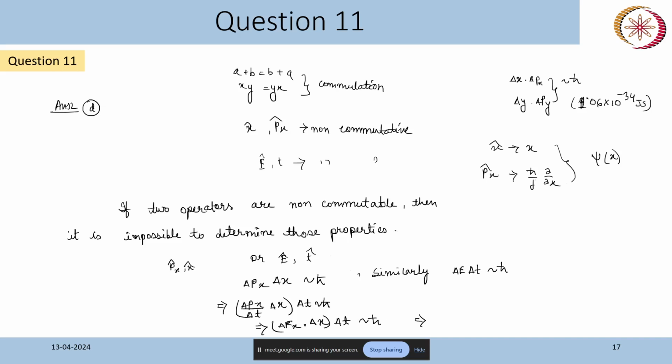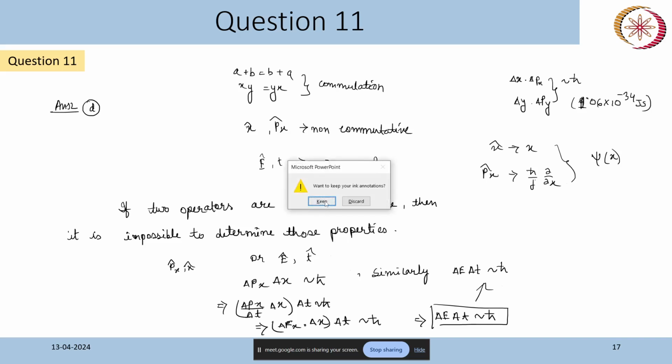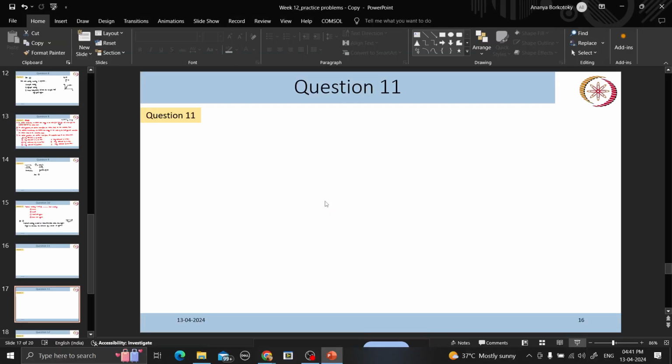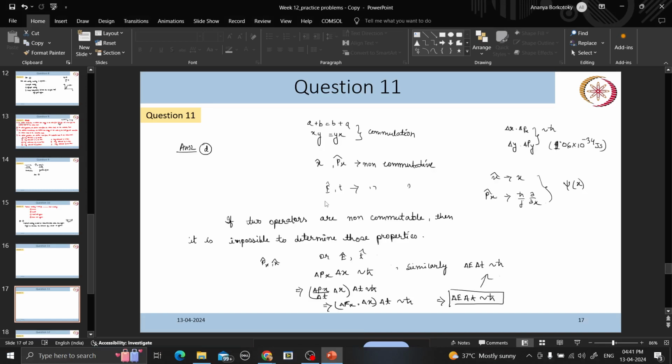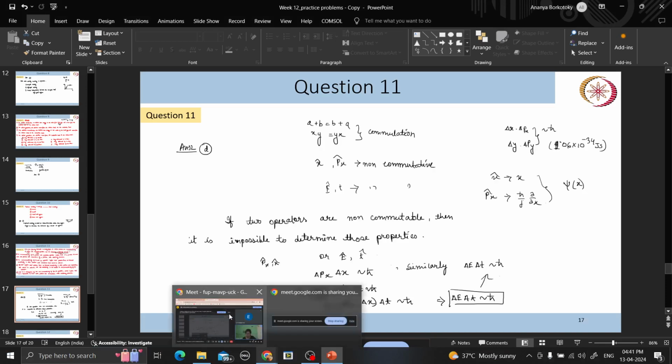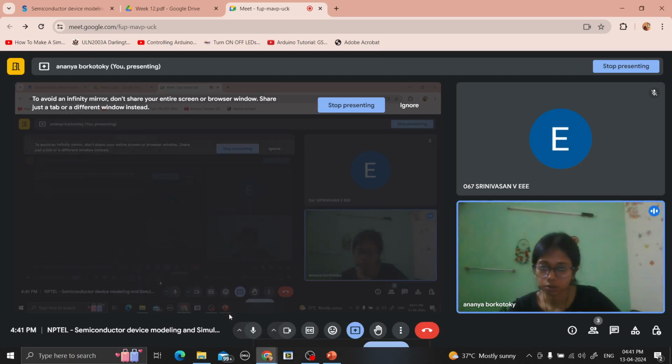Next, force into x is like distance, so that means energy. So delta E multiplied by delta t is in the order of h bar. So we get this expression starting from the well-known Heisenberg uncertainty principle for position and momentum operators. I hope the question is clear and there is no other doubt here.